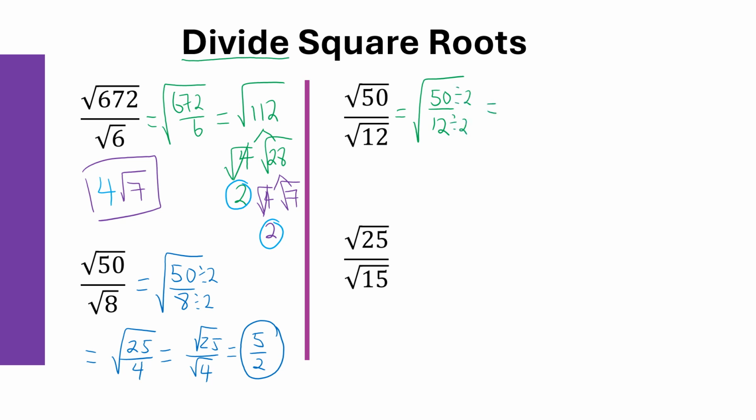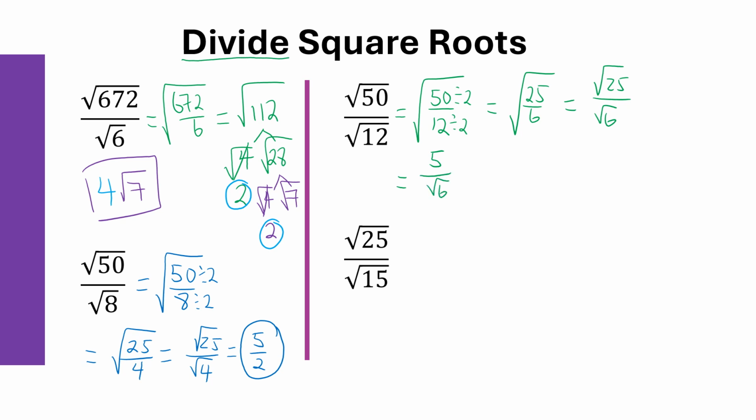So therefore, this is the same thing as square root of 25 over 6. And I can rewrite this as square root of 25 over square root of 6. And we know what square root of 25 is. That's 5. And square root of 6, it's not a perfect square, and we can't break it down, so we have to leave it as square root of 6.